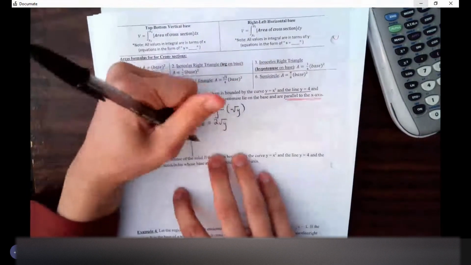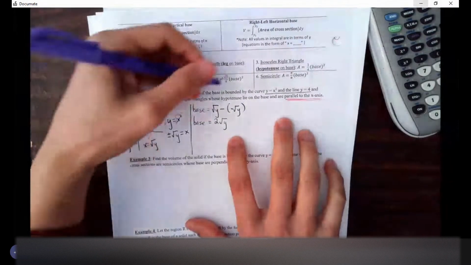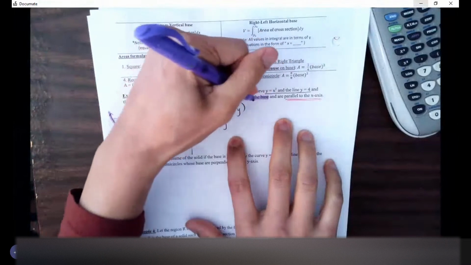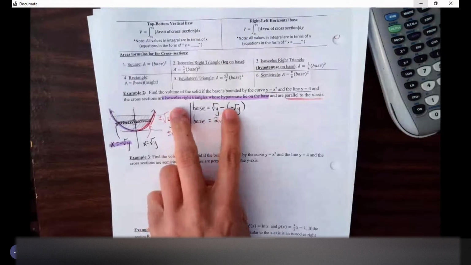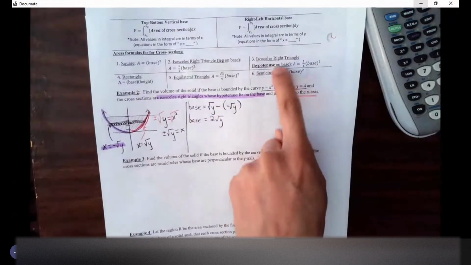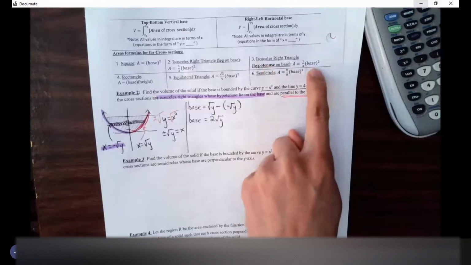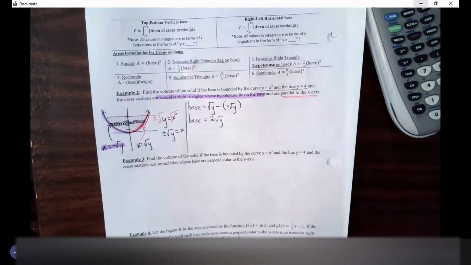And we can insert that into our area formula. Let's see, what area do we want this base to be part of? It's telling us isosceles right triangle whose hypotenuse lies on the base. So we'll go searching for that formula. Right here, isosceles right triangle with hypotenuse on the base. This formula is already adapted for that scenario. So one fourth base squared.